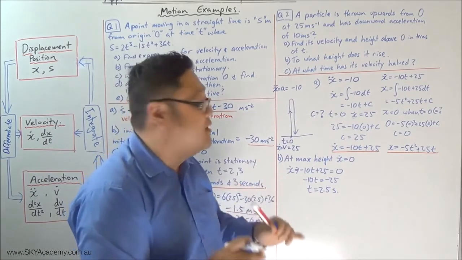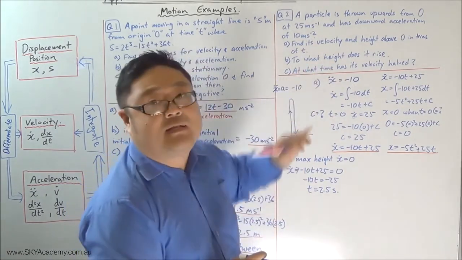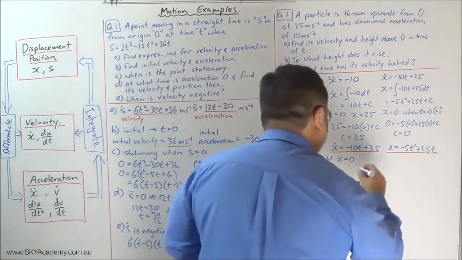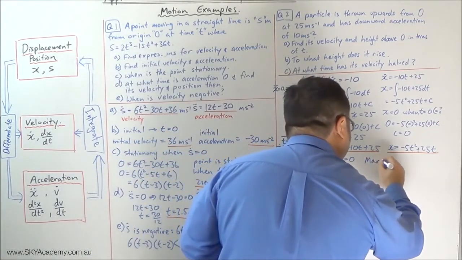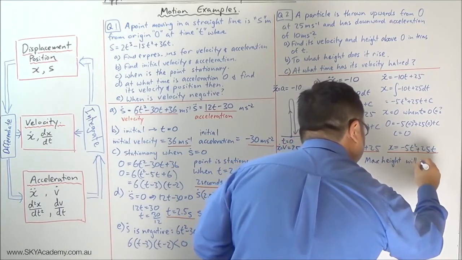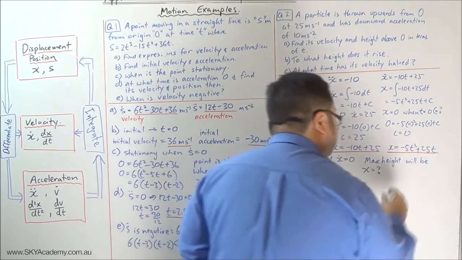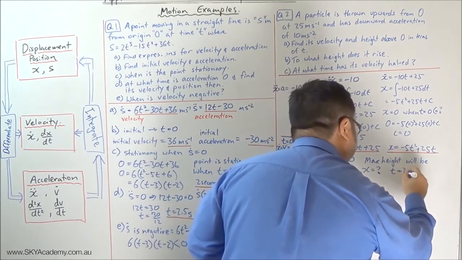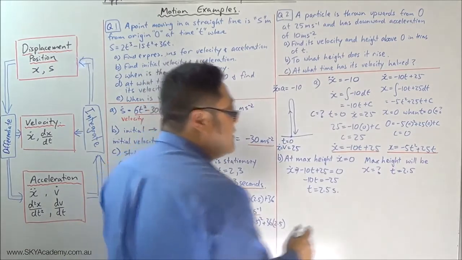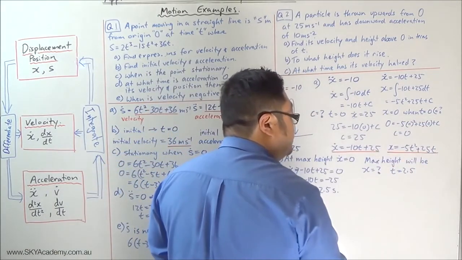Does that make sense? So in other words, to find what height it rises to, the maximum height will be what x is equal to when t equals 2.5.